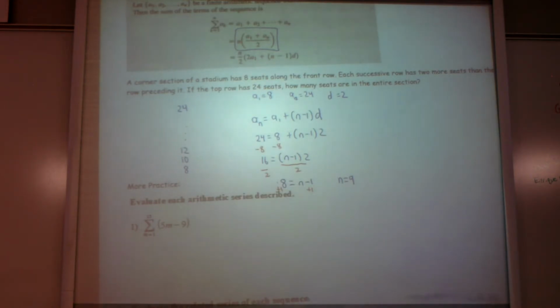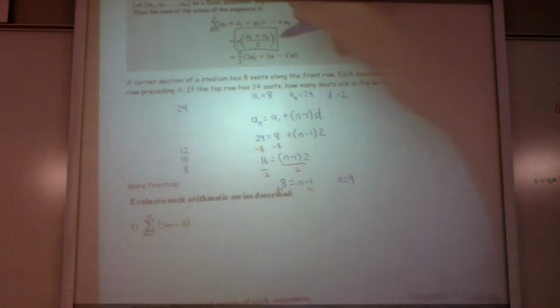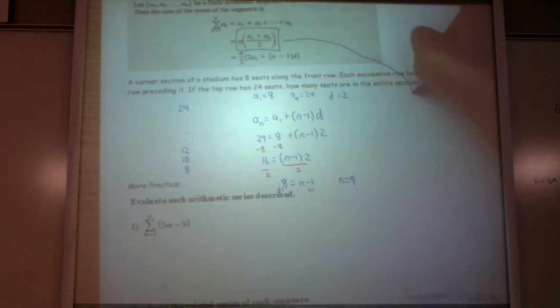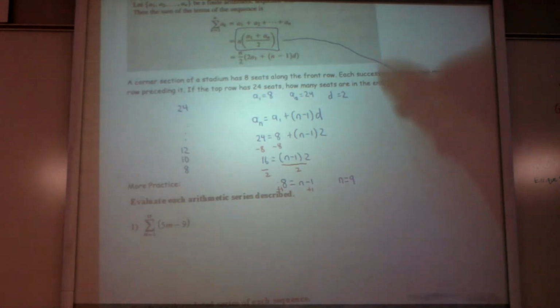Now we have solved for that, so we can use our formula for adding up series and plug everything in. So the formula said the sum of these 9 terms, and usually I just use S for sum. The sum of these 9 rows is, we're going to take n, and then we're almost averaging out here. We take the first, the last, and divide it by 2.